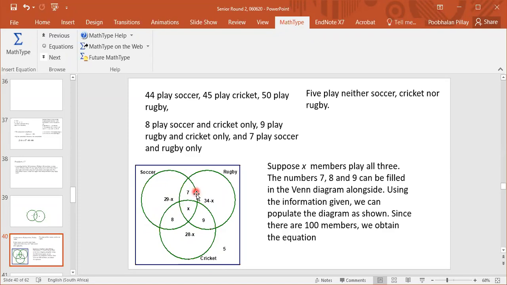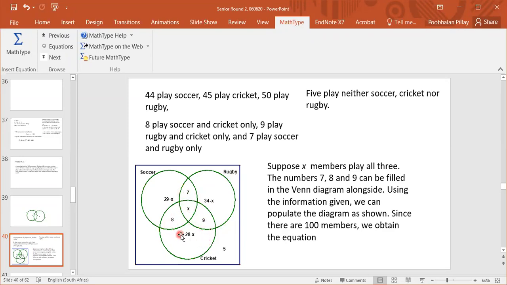And now in this part here, these are the people who play soccer and rugby, but they don't play cricket. See? And here again, you've got these people here, they play rugby and cricket. This region here, they play rugby, and they play cricket, but they're not in that one there. They're outside, so they don't play soccer.